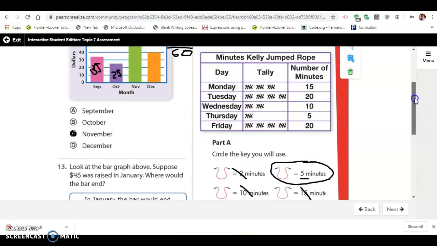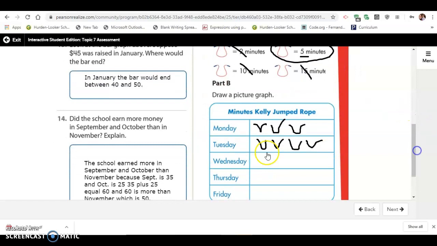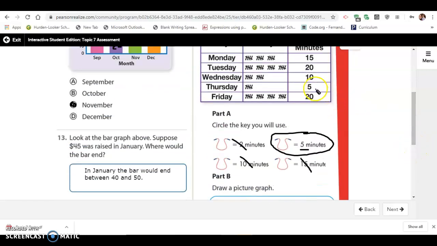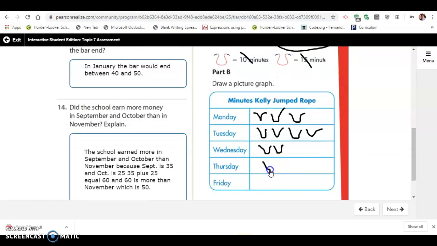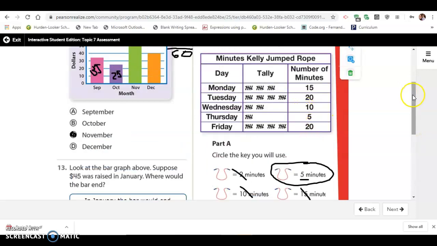Wednesday is 10, so 2 times 5 is 10. I'm going to draw 2. Thursday is 5, so 1 times 5 is 5. I'm going to draw 1. And then Friday is also 20 here, so I'm also going to draw 4 there.